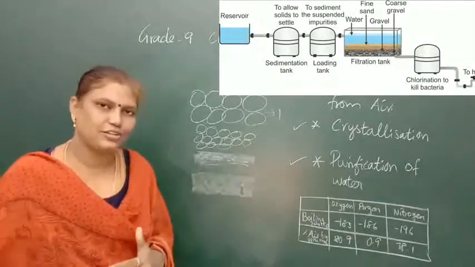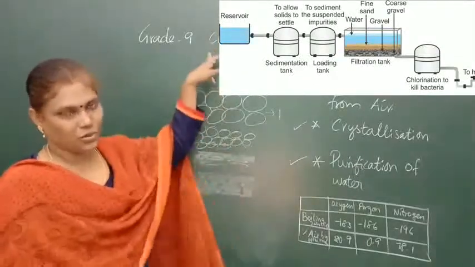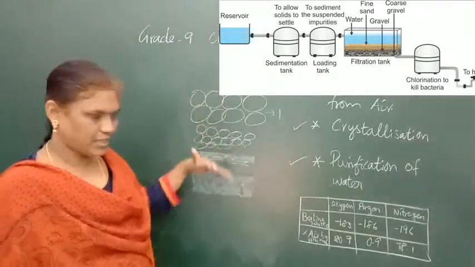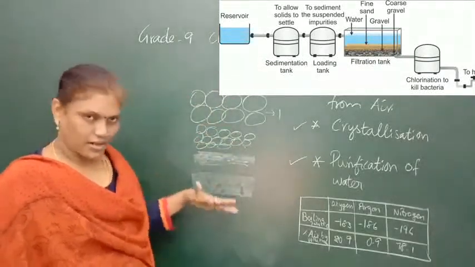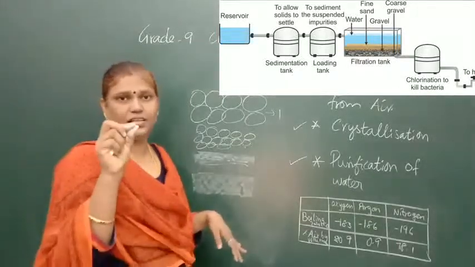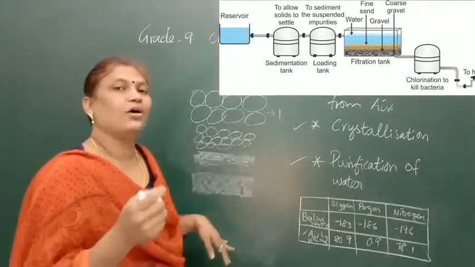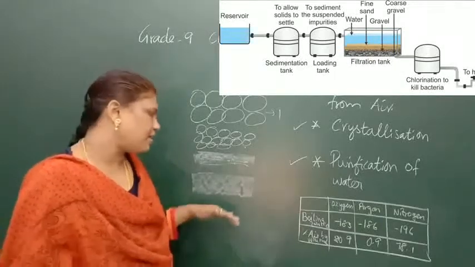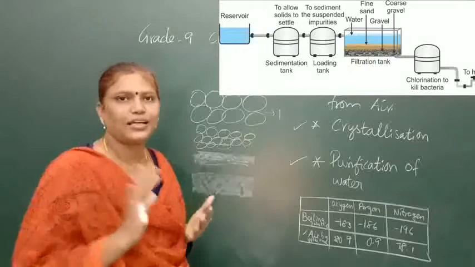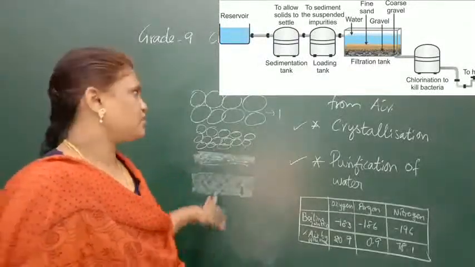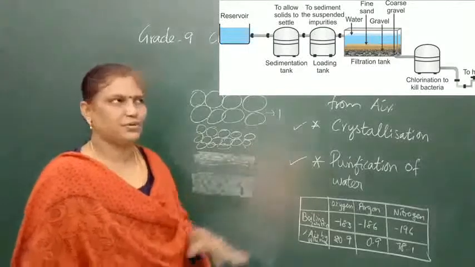So from the reservoir, it goes to the tank which contains these things, and the small organisms are killed by purifying with chlorine or alum. After that, it is led to domestic use, to each house. So this is the way the water is purified.